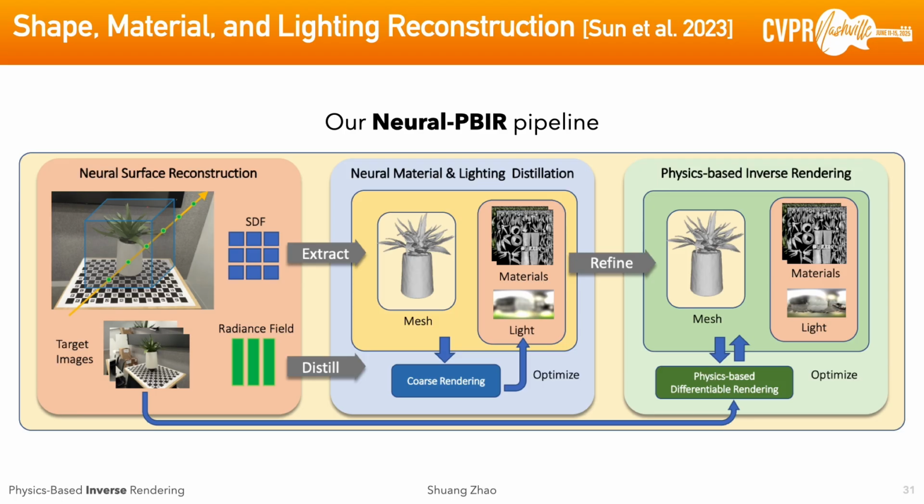And then the green box uses the physics-based pipeline to refine the distilled material and lighting and apply a joint optimization that drastically improves the final quality of the model, which is why we call it neural PBIR, because the pipeline uses both neural methods and physics-based ones.